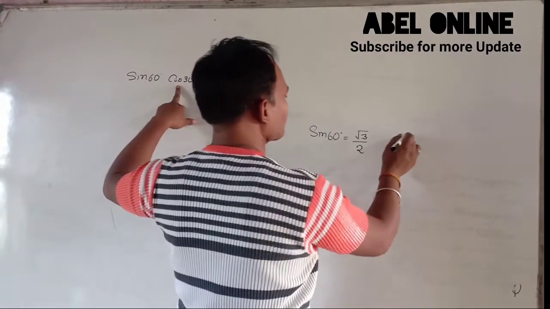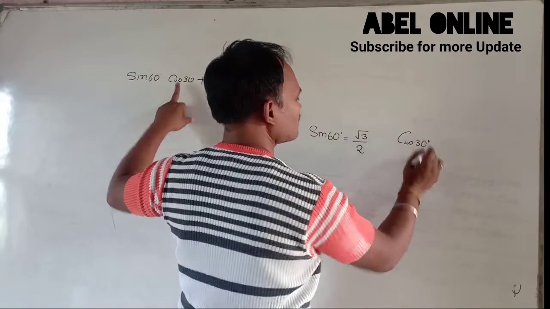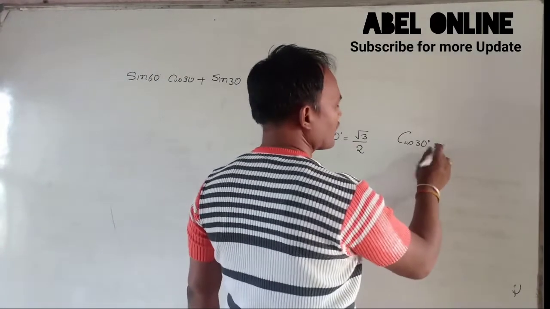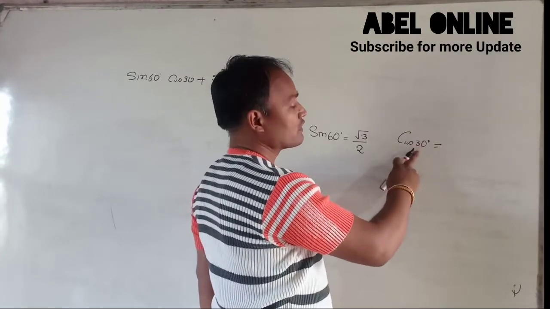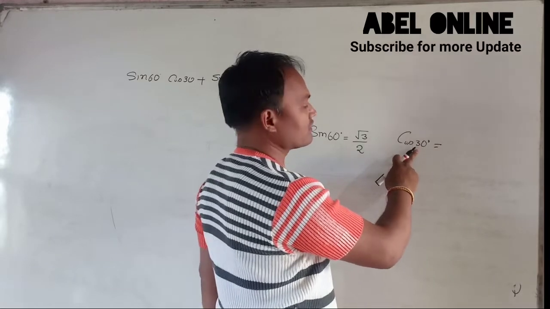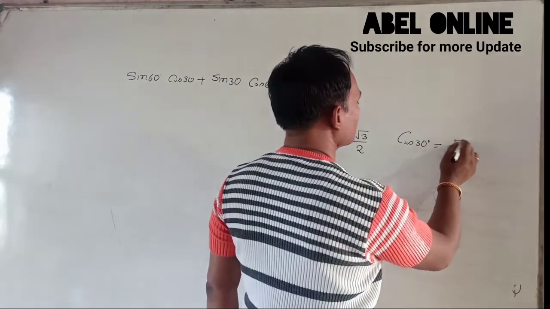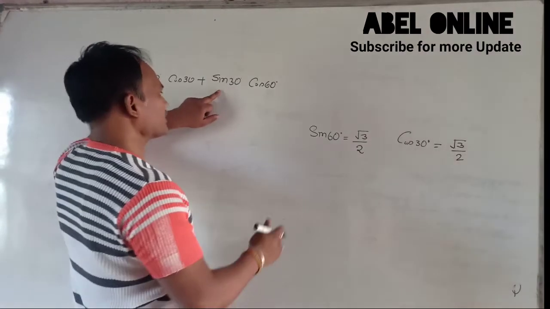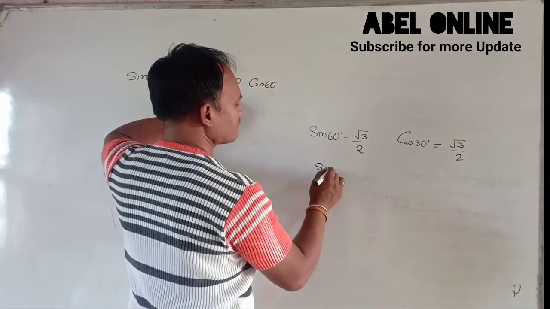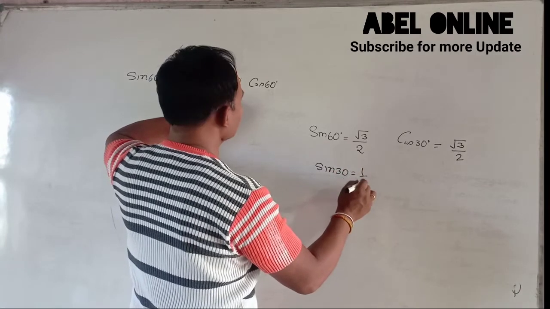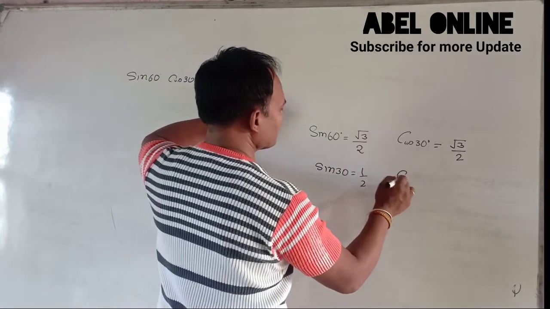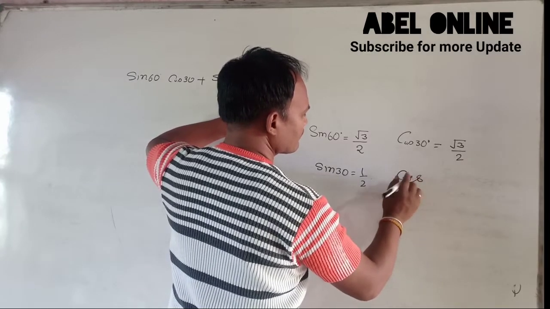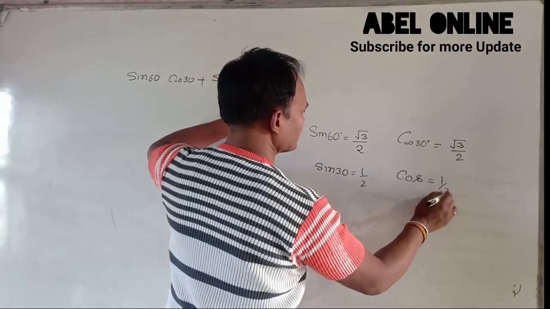The value of cos 30 is just the same as sine 60, which means root 3 by 2. Next is sine 30. The value of sine 30 is 1 by 2, and cos 60, which equals sine 30, is also 1 by 2.